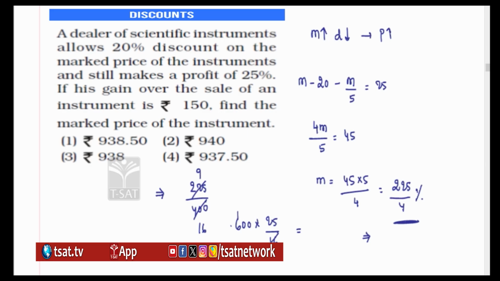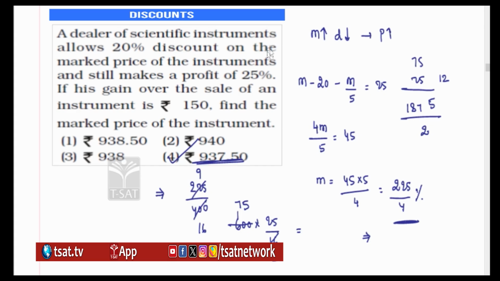Cancel it in the 8 table. 8 2s, 8 7s, then 5s. 25 into 75 by 2. So first, 5s are 125, 25 7s are 175, 175 plus 12 is 187. By 2 you have to do. So it is 937.5. So you are going to get 937.5, or else you can also take it directly.